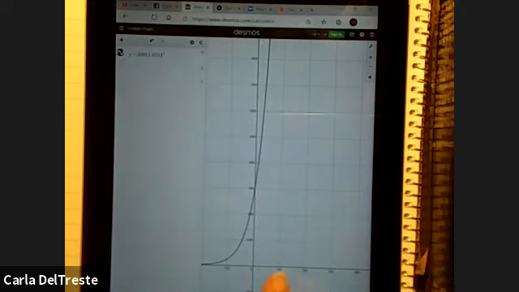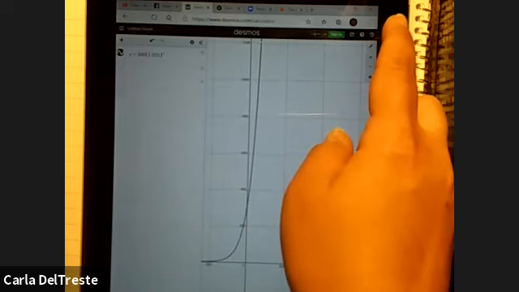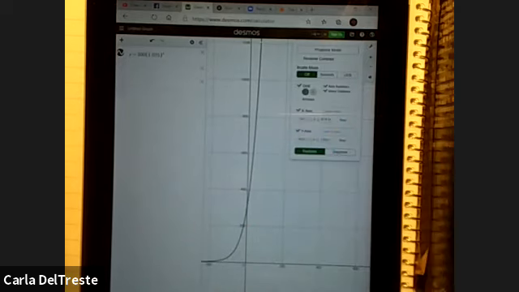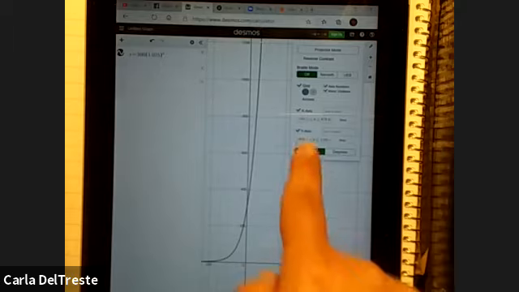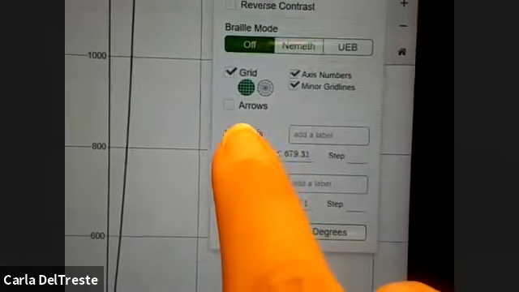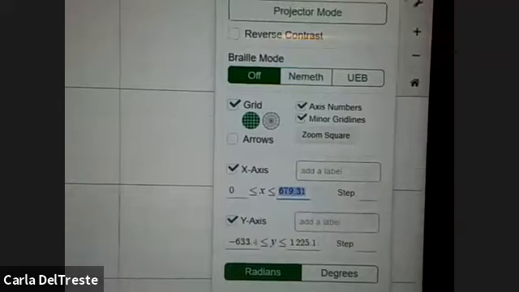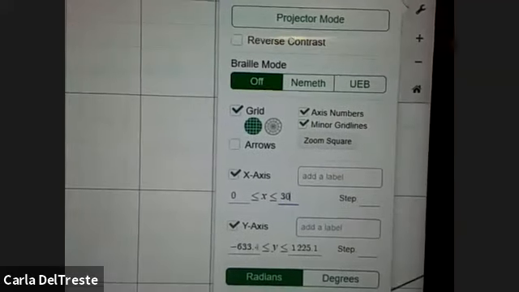Now, we don't care about what happens in the negative area because we only care from 1980 on. So you might want to go into the wrench here, and you might want to use these features of changing the x-axis. I only want to go from 0 to 30 years out.